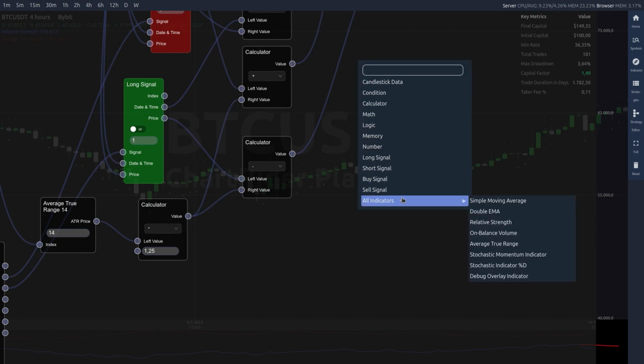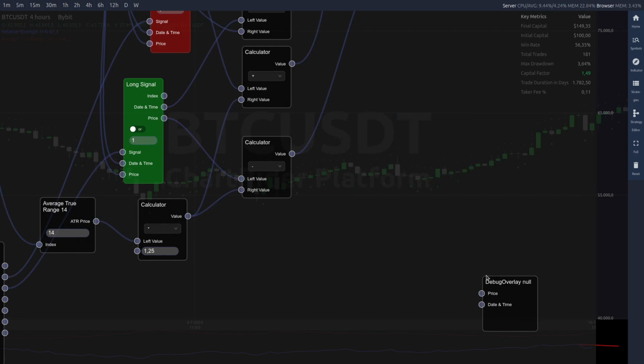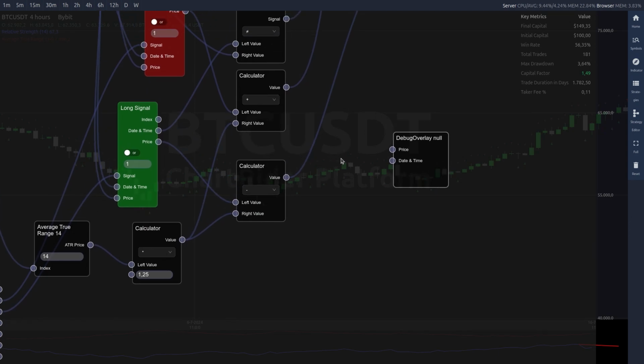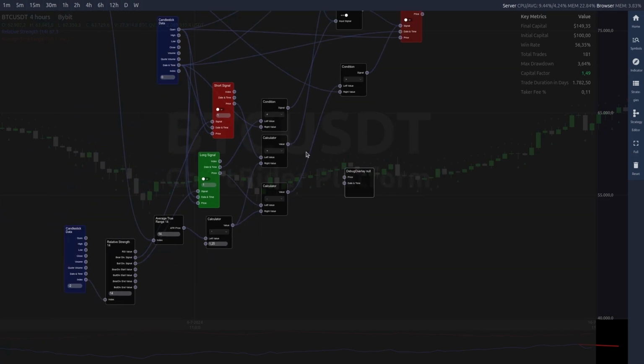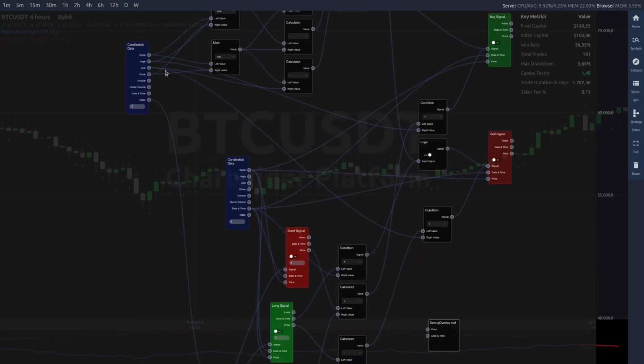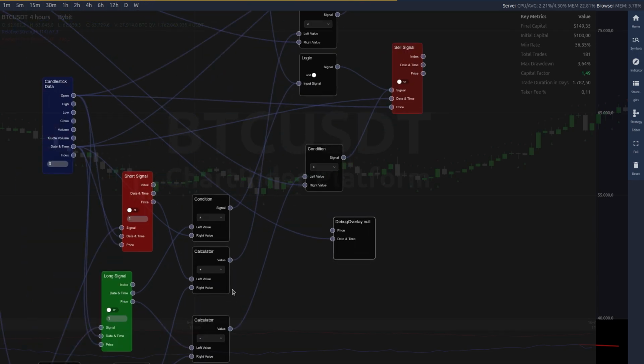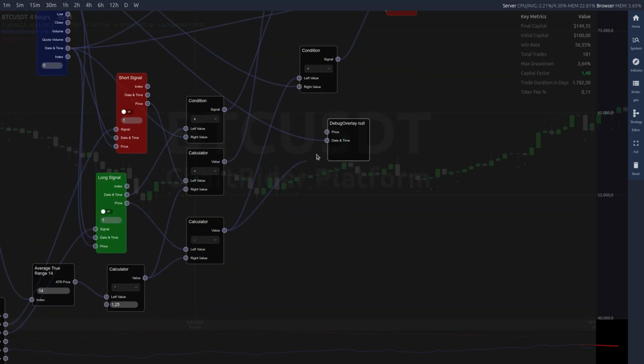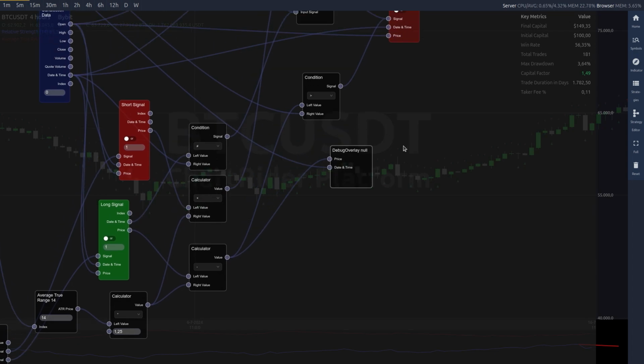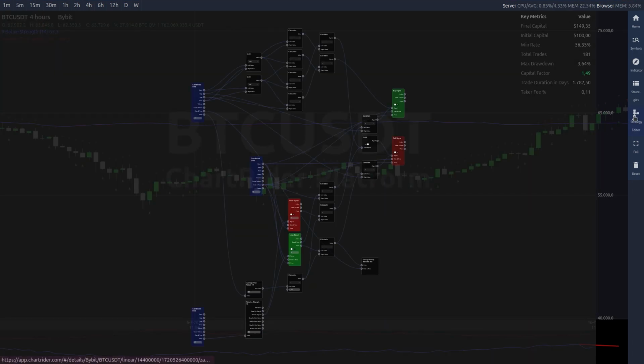And I implemented something very interesting, a debug overlay indicator, where you can see where the price value is going through. It needs a date time and a value, let's say a price value. I want the subtracted value, so that I can see exactly where the ATR is going through.